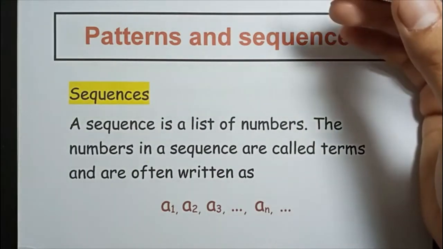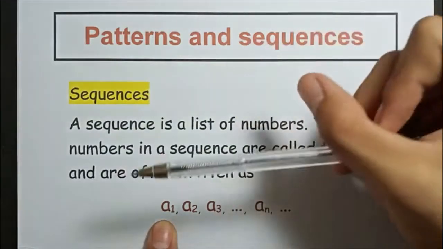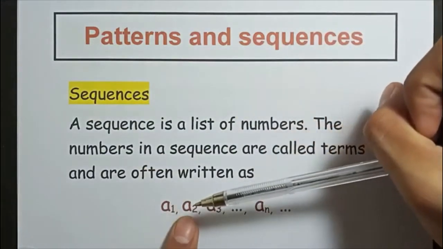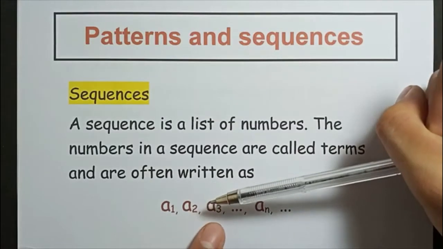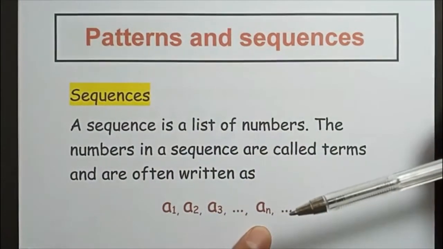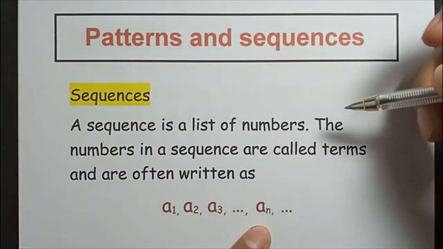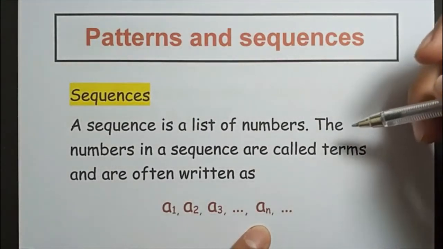Then itong a sub 1 is the first term. A sub 2, of course, the second term. A sub 3, third term. And a sub n is the general term. So, ano ibig sabihin ng general term? Ibig sabihin, itong a sub n can be any term.